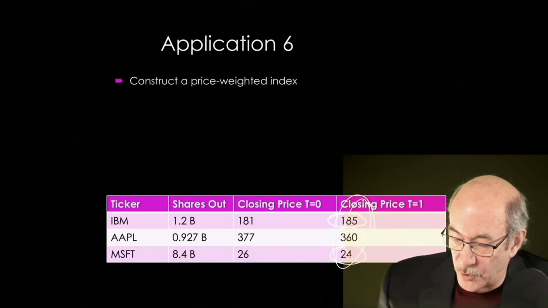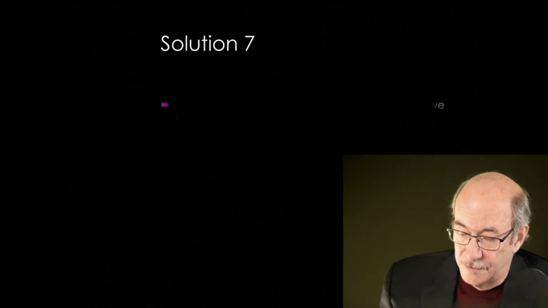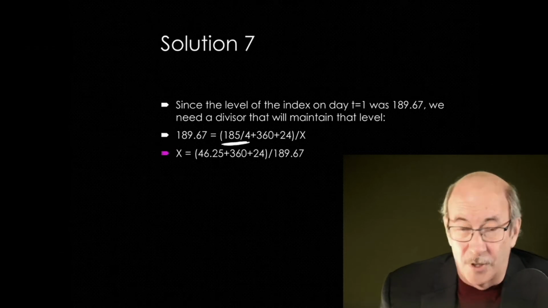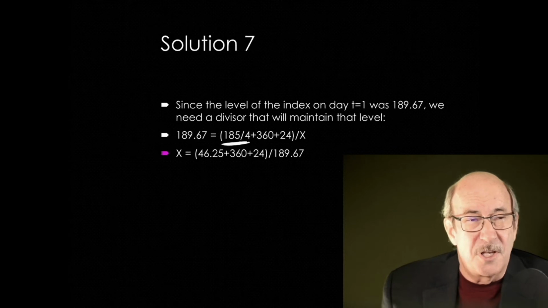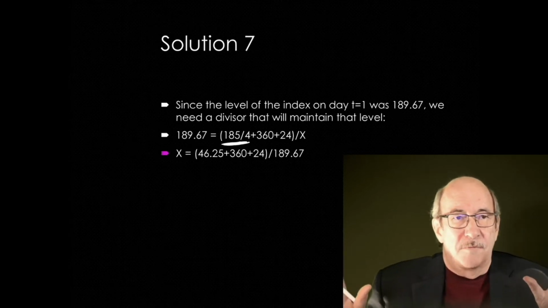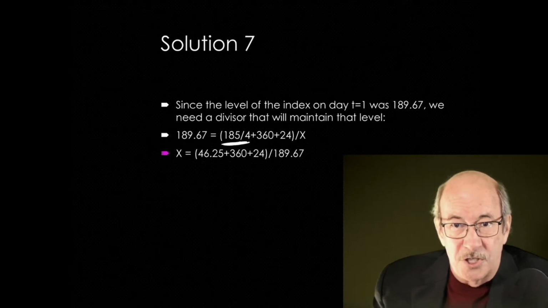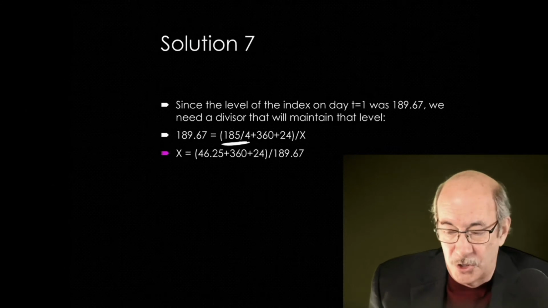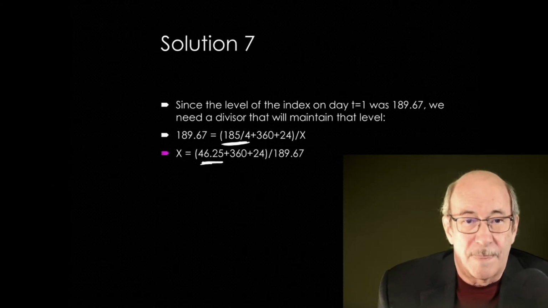And so that's where this comes from, this 185 divided by 4. That's to show us, if the value of IBM doesn't change, and we're just issuing 3 additional shares, then its price on a per share basis should only be $46.25, right?